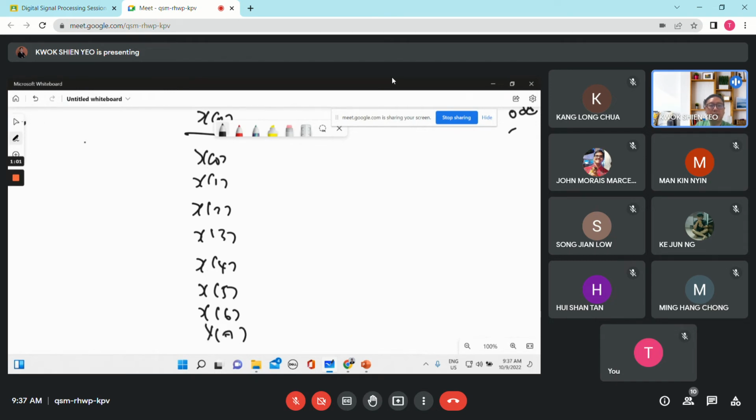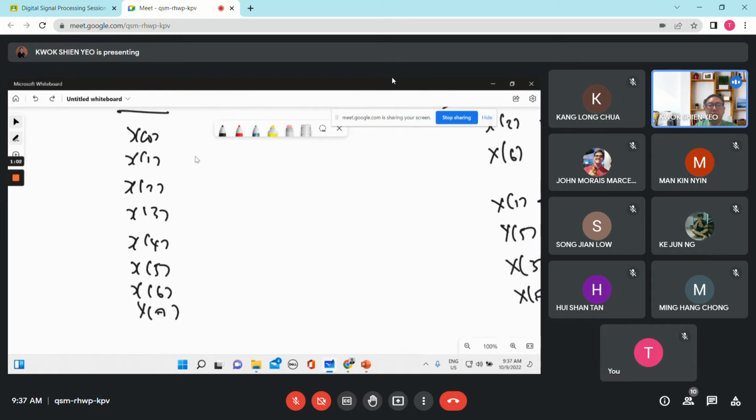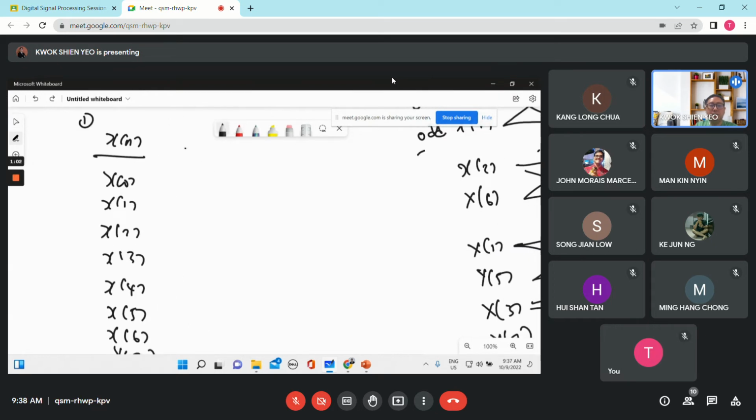Next, you find the binary representation of this index, right? Since n equals 8, the binary number there would be 3-bit lah.